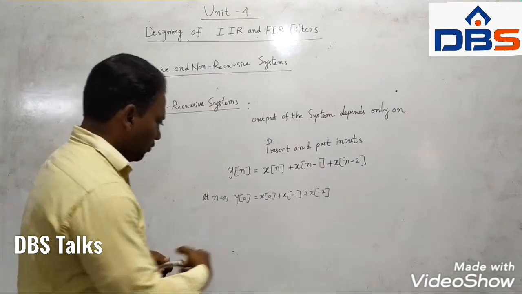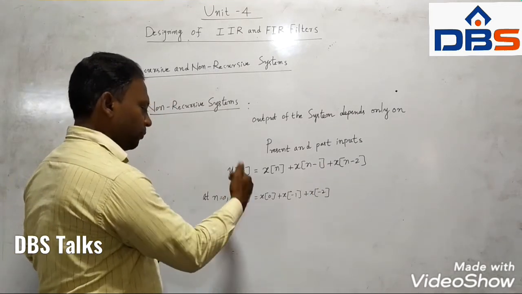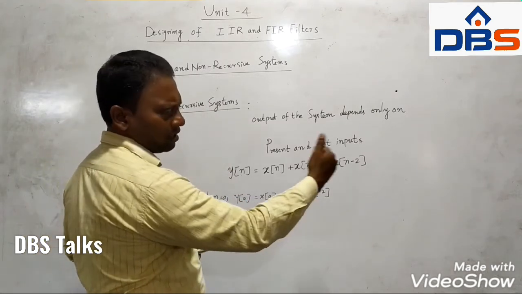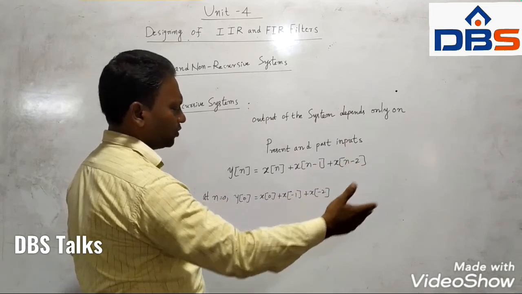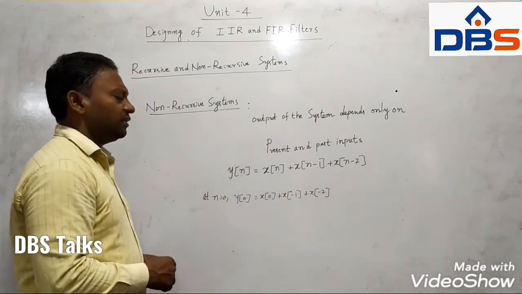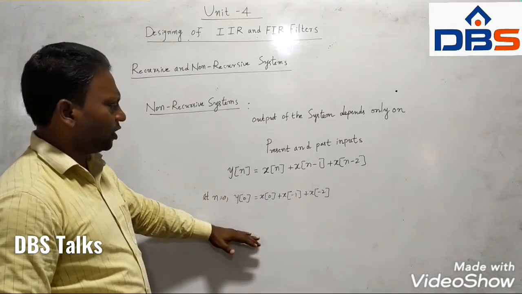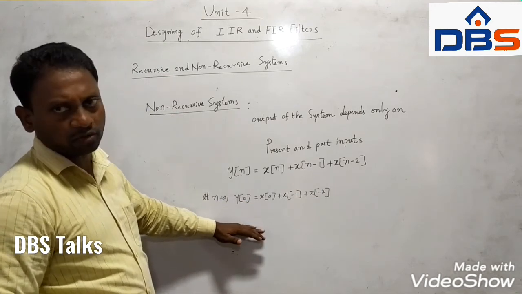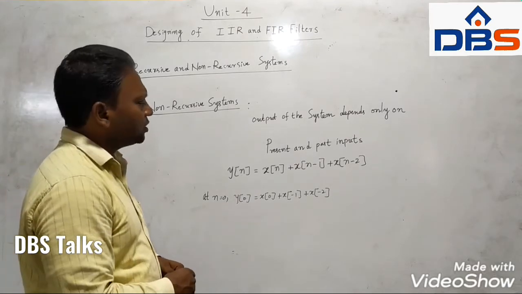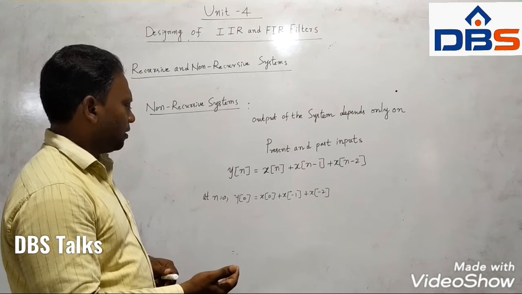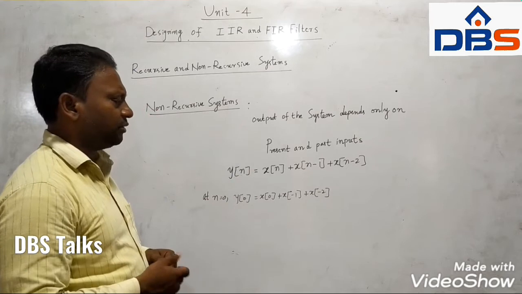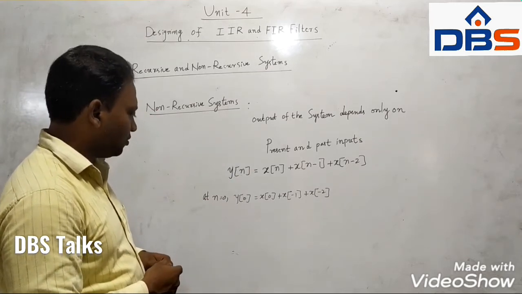Now see, this present output y of 0 depends on the present and past inputs, not on the past outputs. You can check it for n is equal to 0, 1, 2, minus 1, minus 2, like that. So for all the values of n, if the present output depends only on the present and past inputs, then we say that it is a non-recursive system.